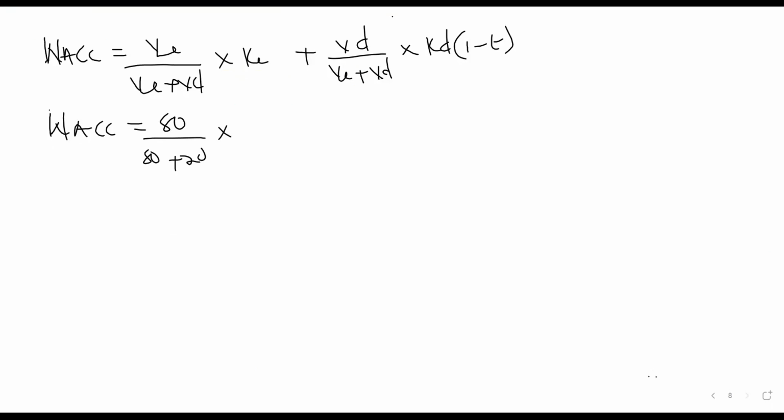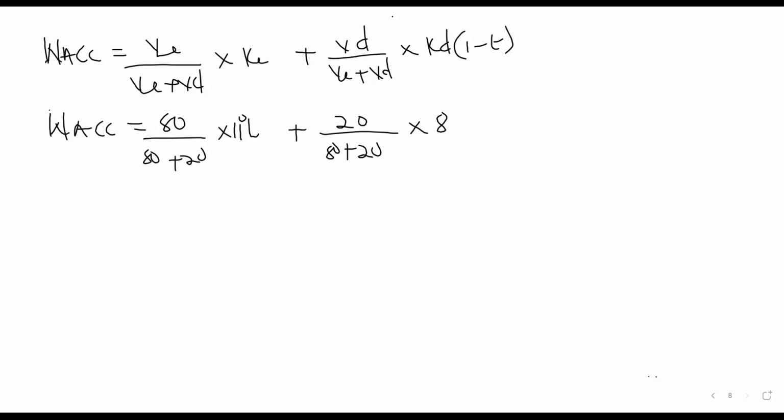11%. Plus 20 over 80 plus 20 multiplied by the before-tax cost of debt, 8.6.